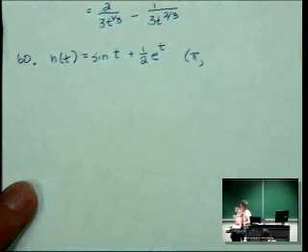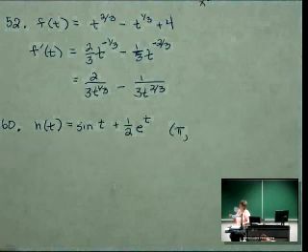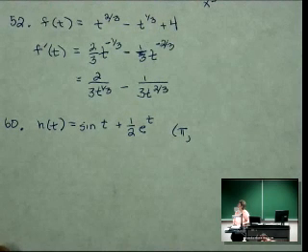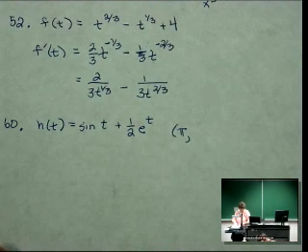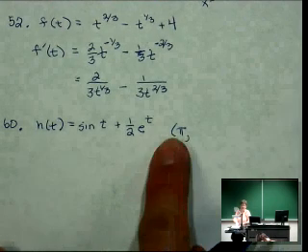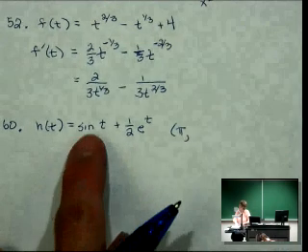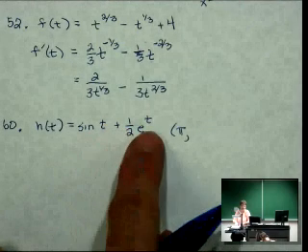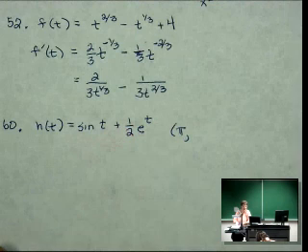Once again, if they only gave me an x coordinate for that point, how do I find the y coordinate? Substitute that x into the original function. What is sine of pi? 0. What's 1/2 e to the pi? 1/2 e to the pi.